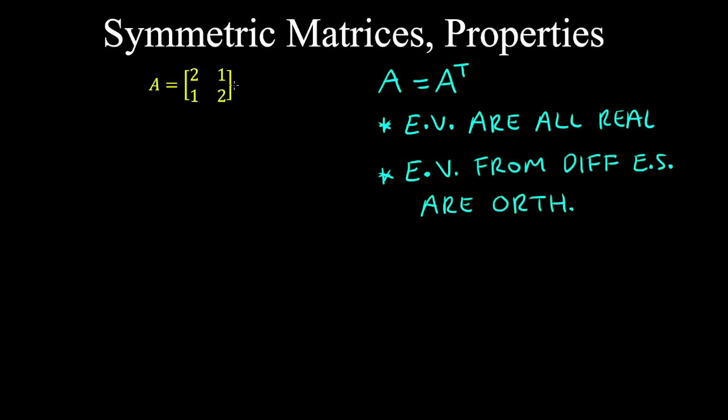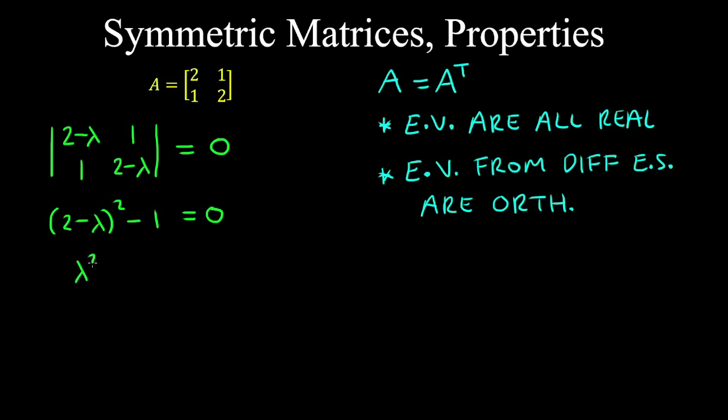So if you consider this symmetric matrix, we can solve the characteristic equation to get the eigenvalues. So we have the determinant of 2 minus lambda on the diagonal, and the off-diagonal entries remain the same, and that's equal to 0. Therefore we have (2 minus lambda) squared minus 1 is 0.